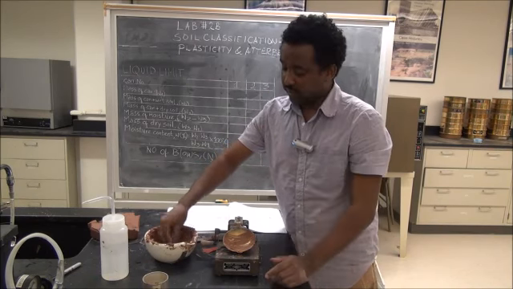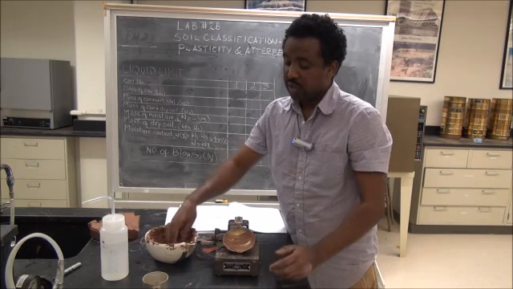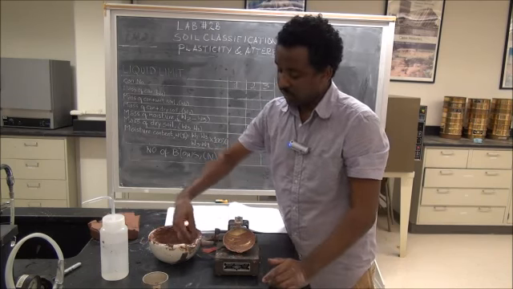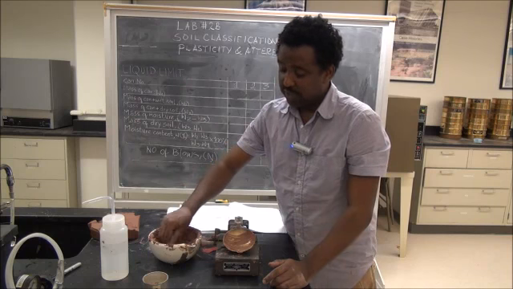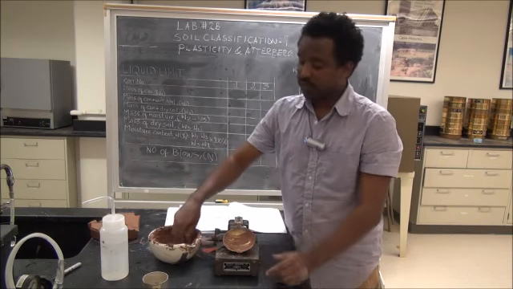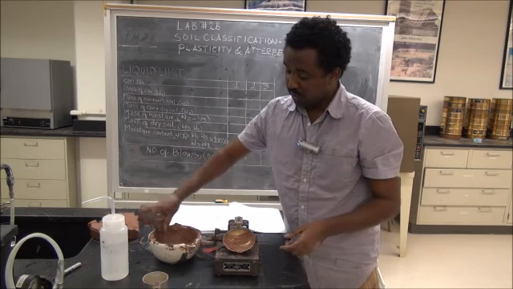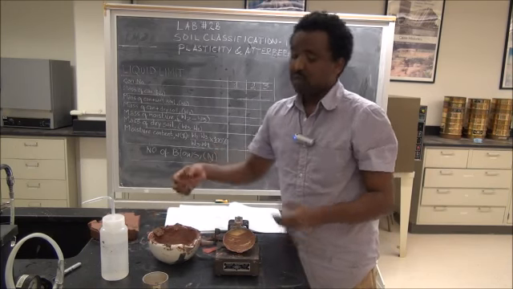And you repeat this test. So this way, you have to do at least 3 samples. That means with different water content, and you record the number of blows, and after 24 hours, you'll determine the water content.